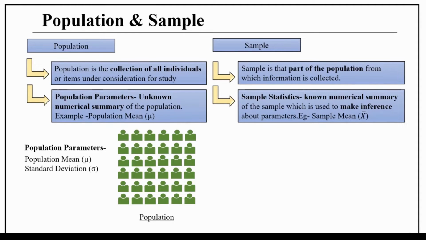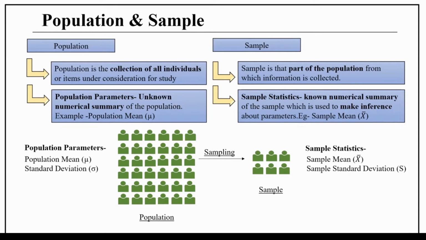Since doing the study on the whole population is going to be very costly and time consuming, we will draw a sample from the population to study it. And then we will calculate the sample statistics, that is sample mean and sample standard deviation. Now based on this calculation, we will make inference about the population parameters.